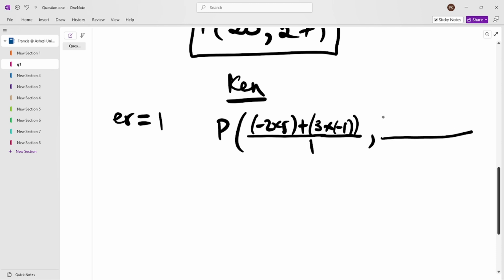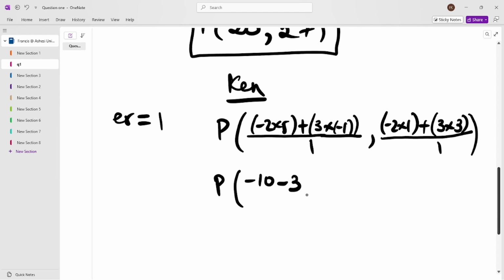Then my second fraction is negative 2 times 1, plus another bracket, 3 times 3, all over 1. So I have P to be negative 10 minus 3, comma, negative 2 plus 9. So my final answer is negative 13 and 7.